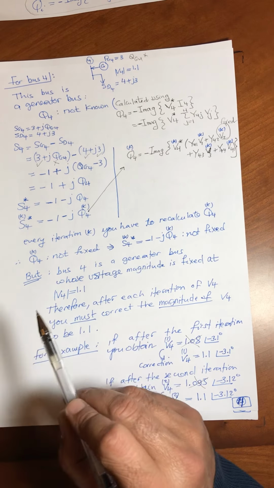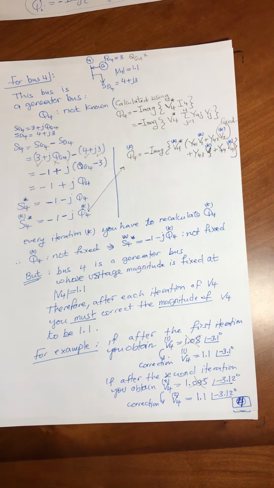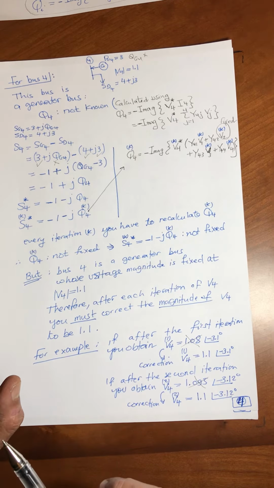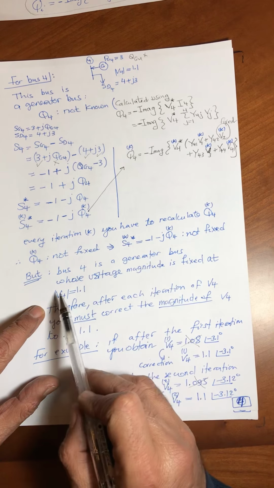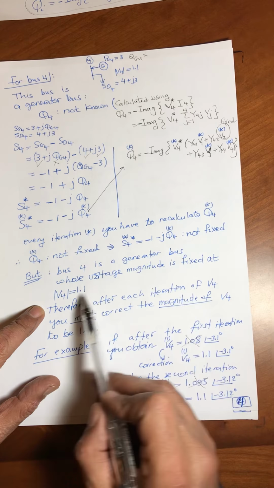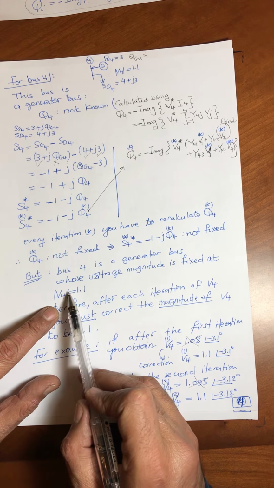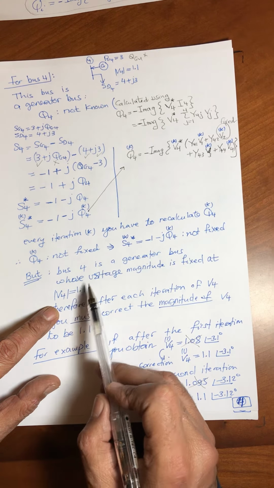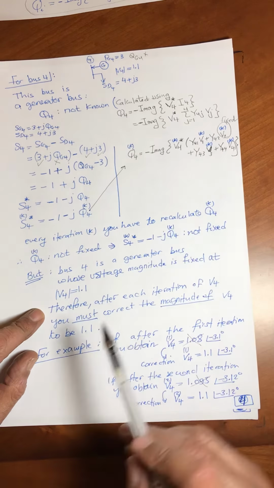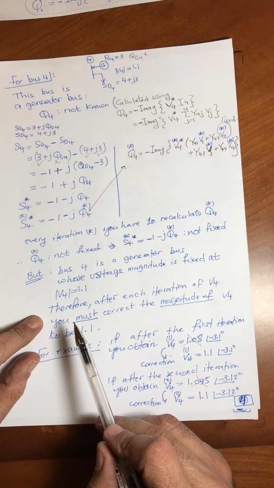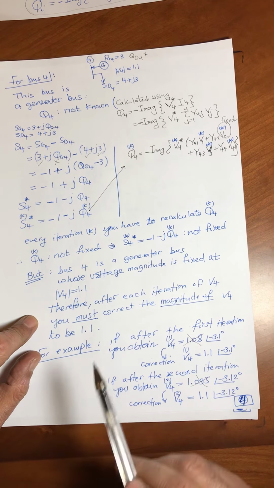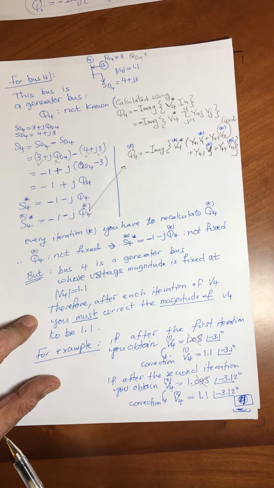But remember, this is very important, notice that bus 4 is a generator bus. Because it is a generator bus, its voltage magnitude is fixed at V4 magnitude equals 1.1. And I am doing iterations. If the magnitude of V4 changes, I have to reset it to 1.1, a correction.